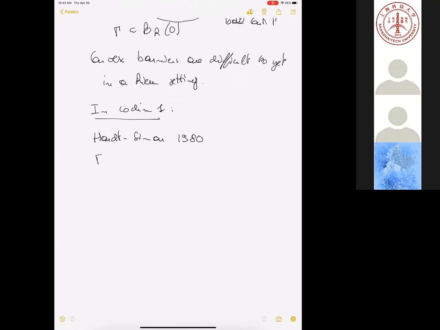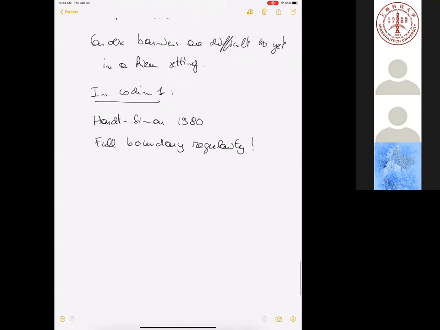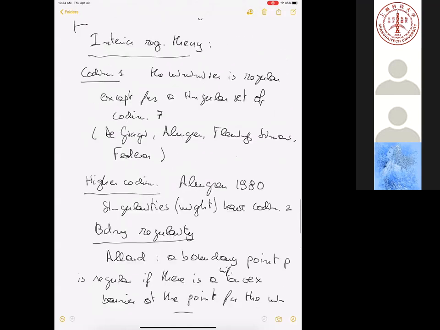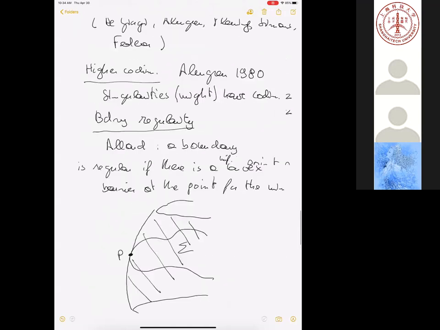So there is full boundary regularity. And this is an extremely nice result. It actually tells you that the boundary is in some sense better than the interior. Because at the interior, you might have actually singularities of codimension 7, but that cannot hold at the boundary.